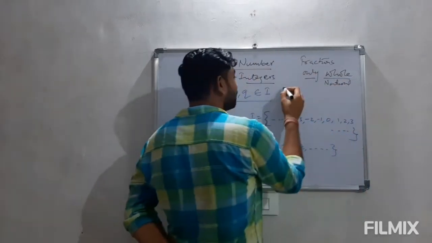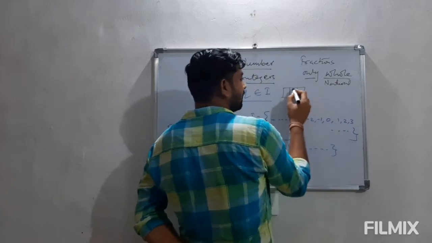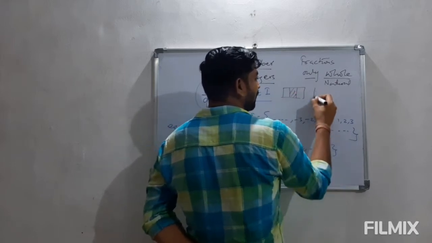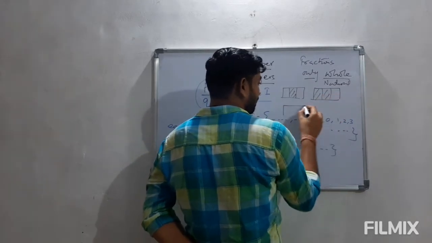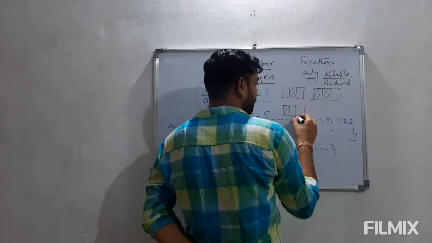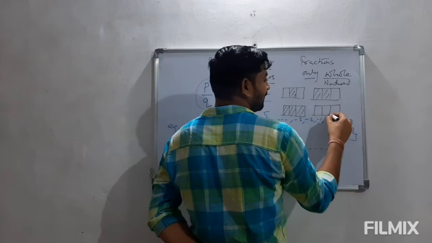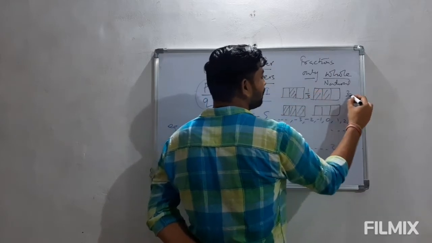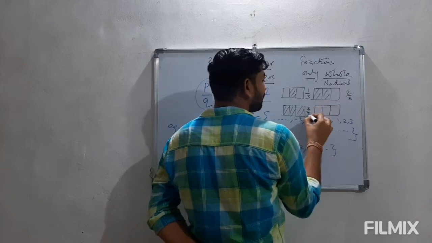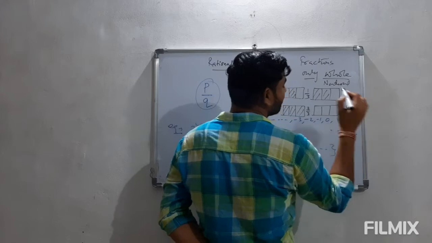Let me tell you, suppose we take an example of this. If we select one part, if we select two parts, if we select all three parts, and if we select nothing, then for this the fraction will be 1 by 3, for this it will be 2 by 3, for this it will be 3 by 3, and for this it will be 0 by 3, which is nothing but 0.